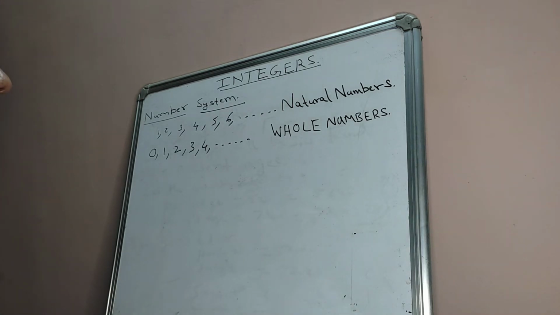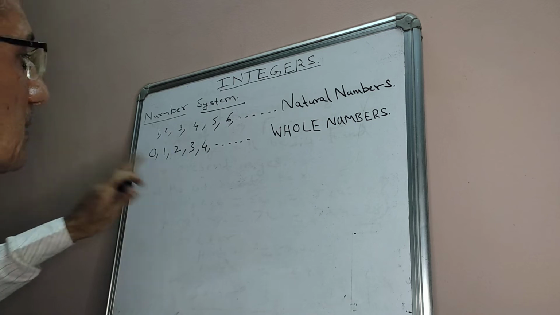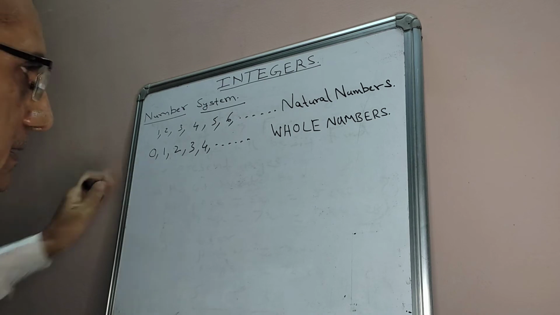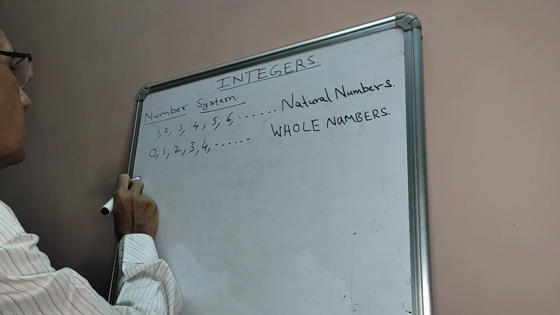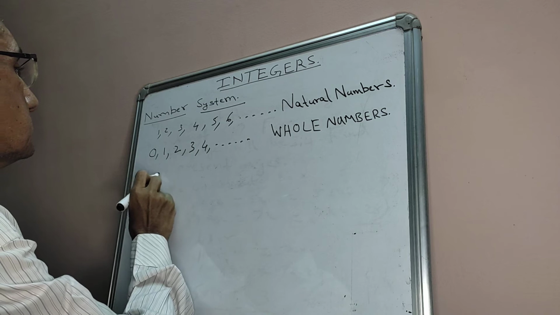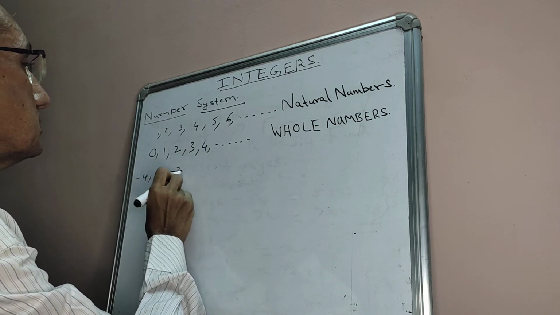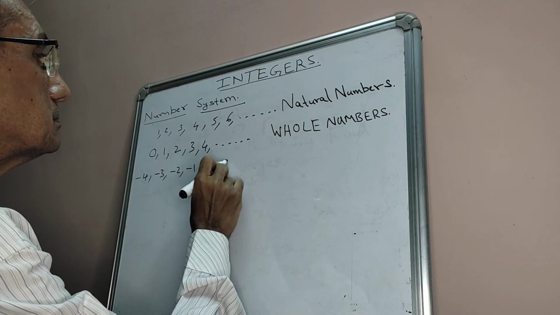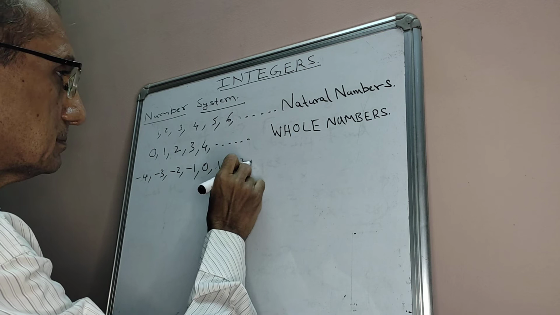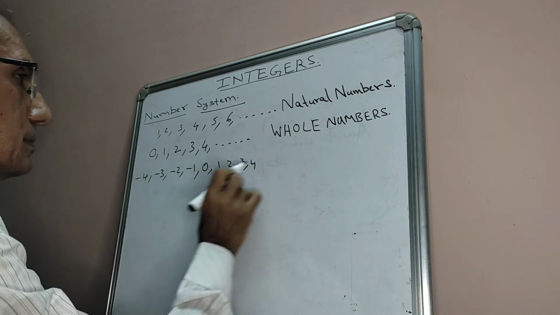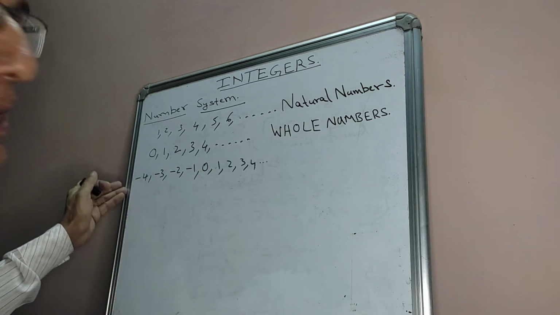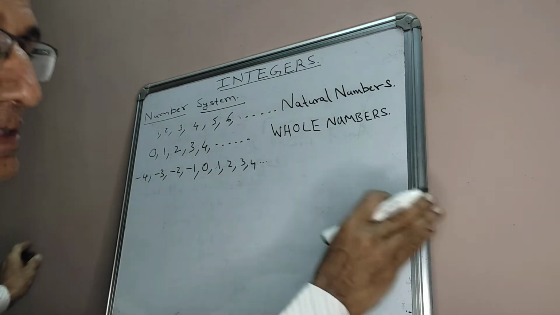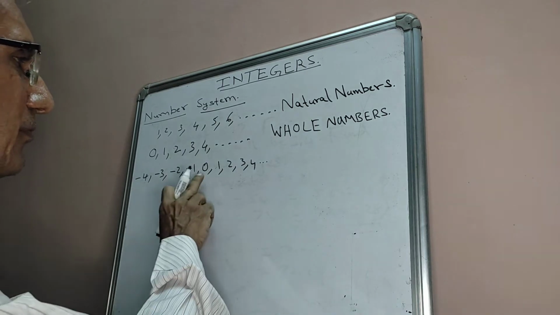Now, if I go back a little more and add the negative numbers to this, infinity to this side and infinity to this side, it keeps going on either side. In the middle you have 0.